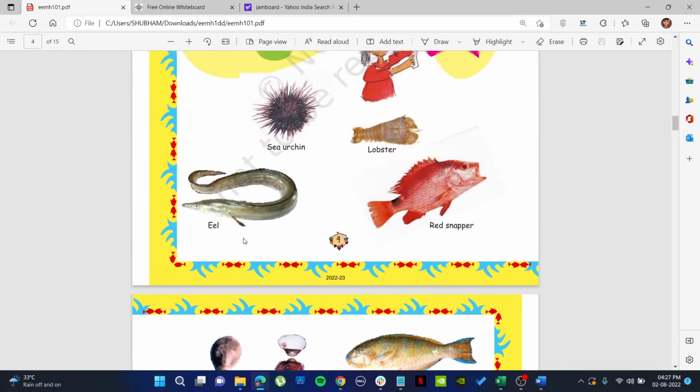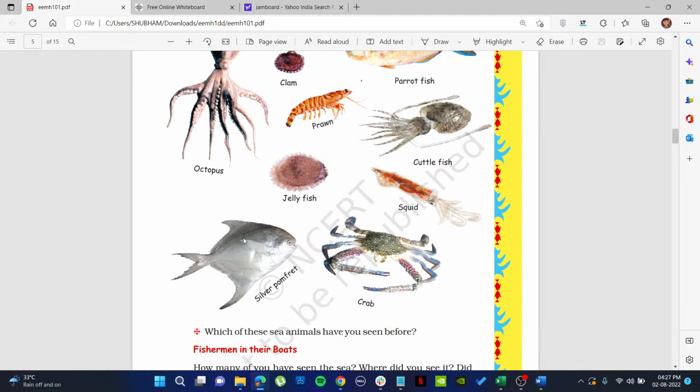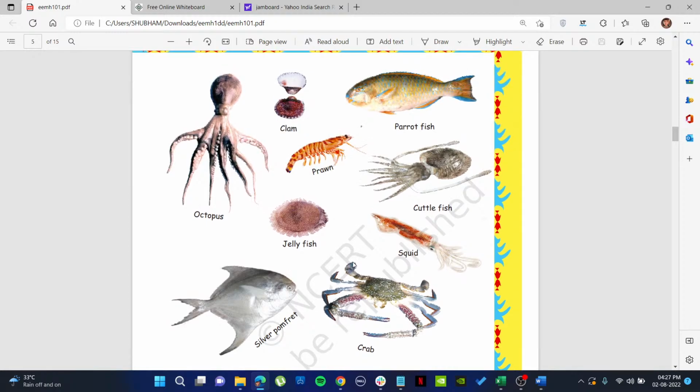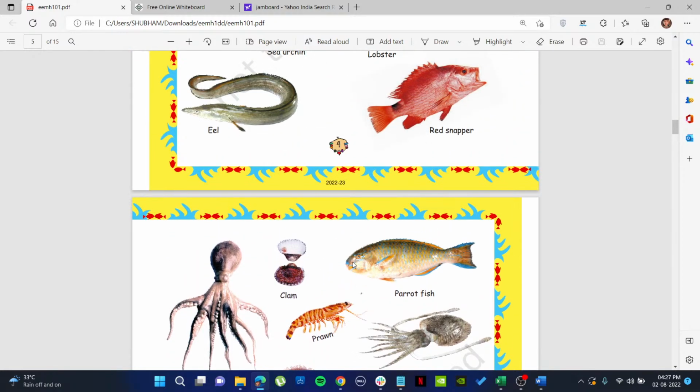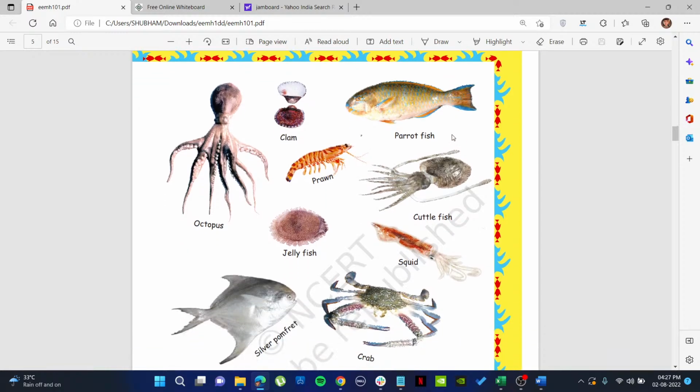Similarly, we can use lots of shapes in drawing the given sea animals. When it comes to a jellyfish, we can simply use a circle. So which of these sea animals have you seen before? And let me guess, for sure you must have explored a parrotfish, which is very common.